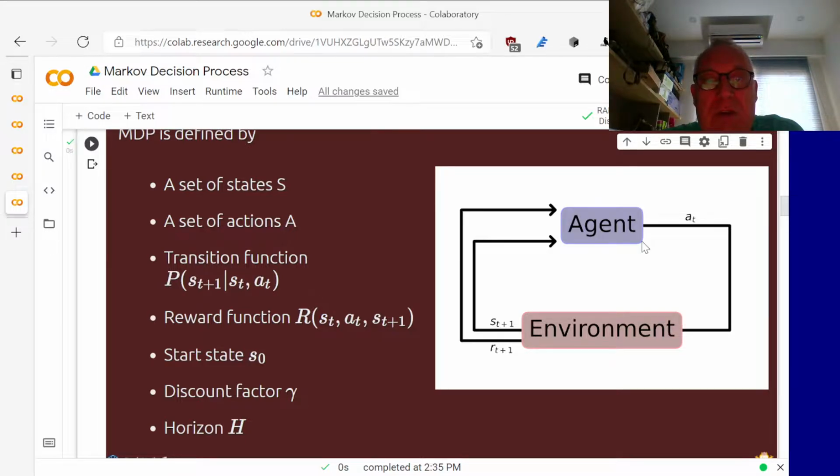So we have our agent. At time t, it executes action A_t. That goes to the environment, and then the agent will move into state S_t+1, and it will receive a reward R_t+1, which could be 0, so could be no reward also, but at some point during the execution we end up with some reward signal.